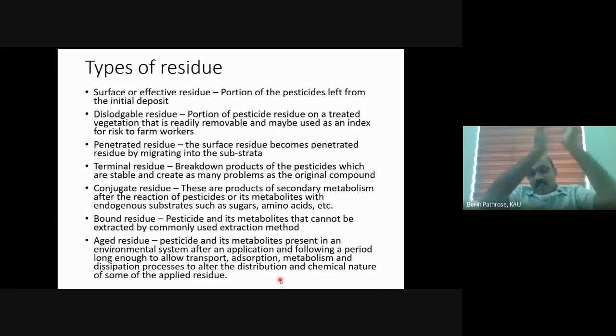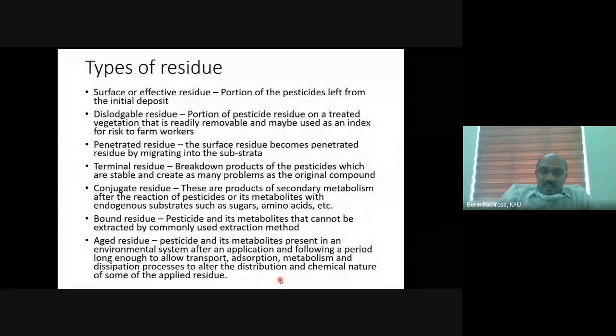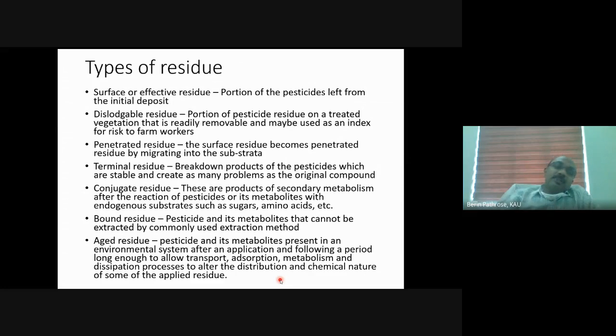That means in 98, Plantation Corporation applied endosulfan, and in 2003 and 4, after about 5 to 6 years, certain people are claiming that they have found residues of endosulfan as well as endosulfan sulfate, which is another metabolite of endosulfan, after a long period of time, after 4 to 5 years. Those kinds of residue can be termed as aged residue.